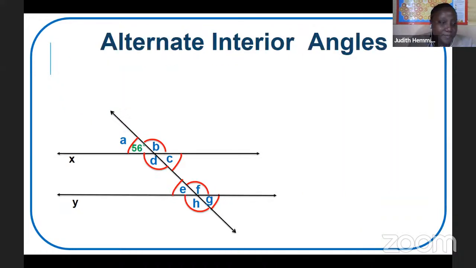All right, so we are now looking at alternate interior angles. What do you remember about alternate interior angles? I think you normally refer to them as alternate angles. They are equal.